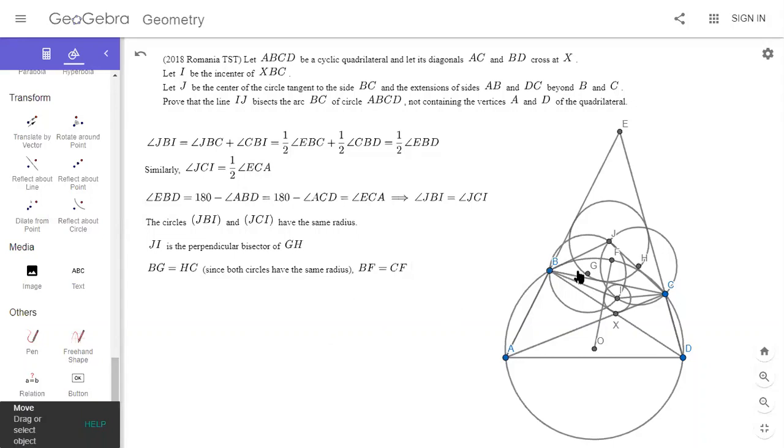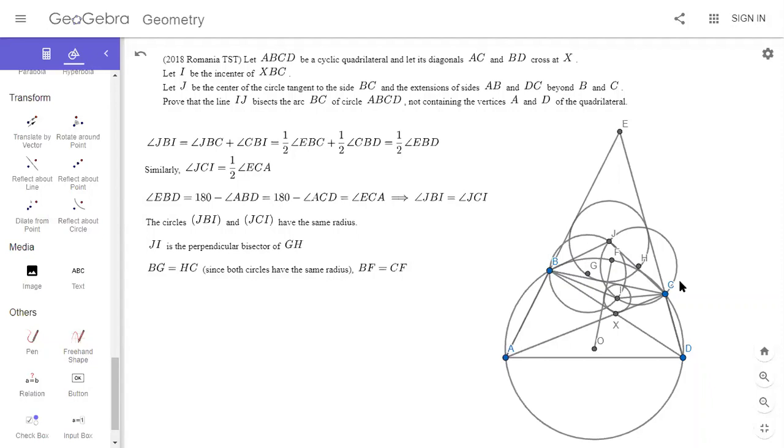Okay. So if you look at the triangles BGF and CHF, two of the three pairs of sides are the same. And now we just need to show the angle between those is the same.